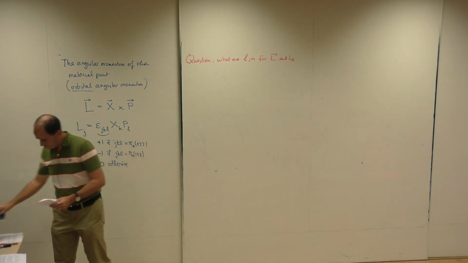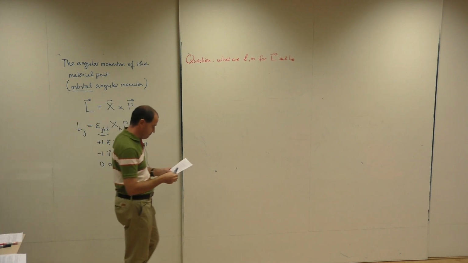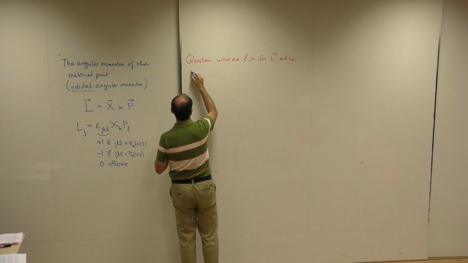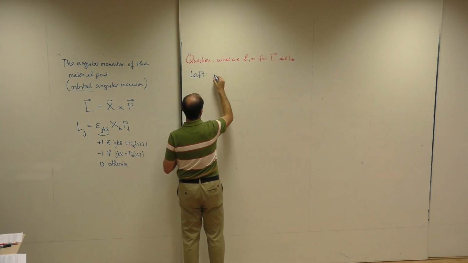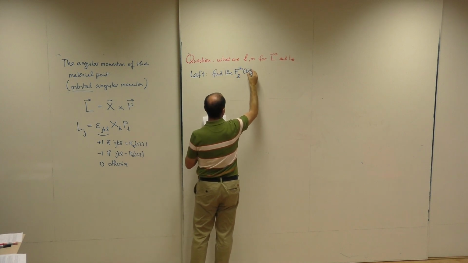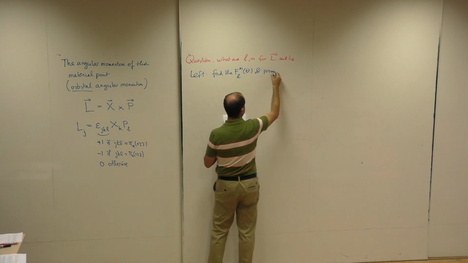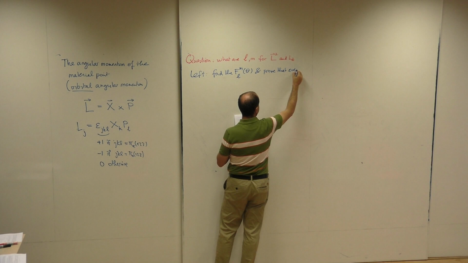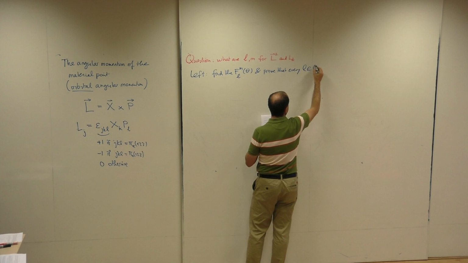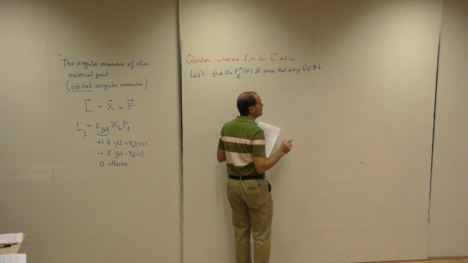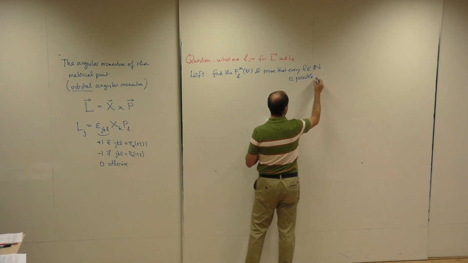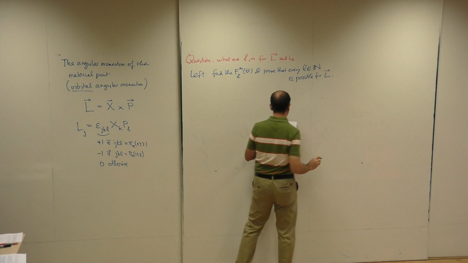How do you do that? Find the F_L^m of theta and prove that every L, natural, because L must be positive, is possible for the orbital angular momentum. Okay, how do you do this?